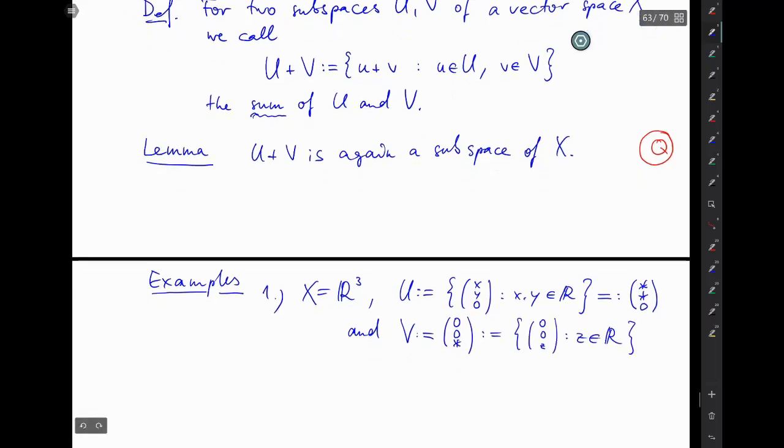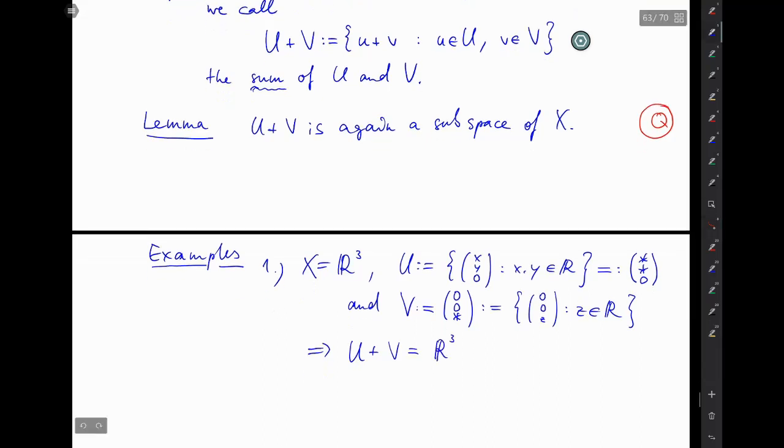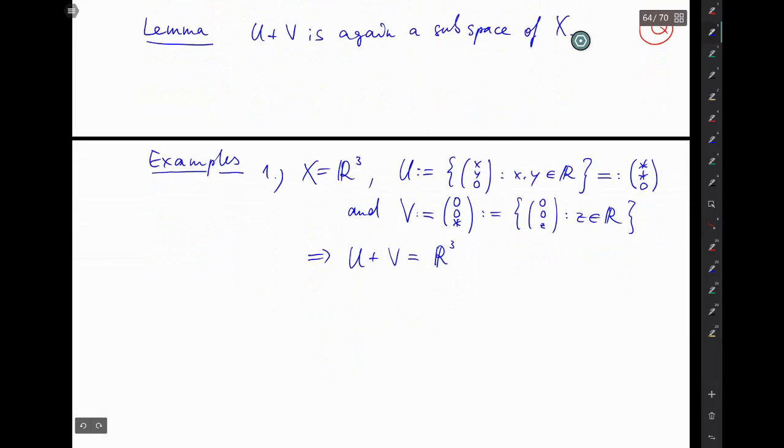Okay, now what is the sum of these two spaces? So U plus V is the set of all vectors that can be written as a sum of this kind and that kind. But by adding two of these vectors you can achieve every vector in R3 that is possible. So your sum is the whole of R3.